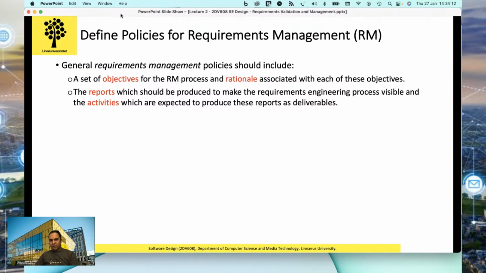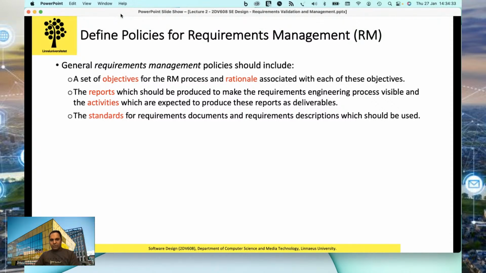So if you are, let's say, changing a number of requirements, you should have a report at the end: which requirements got changed, why they got changed, what was impacted by those changes, and so on.